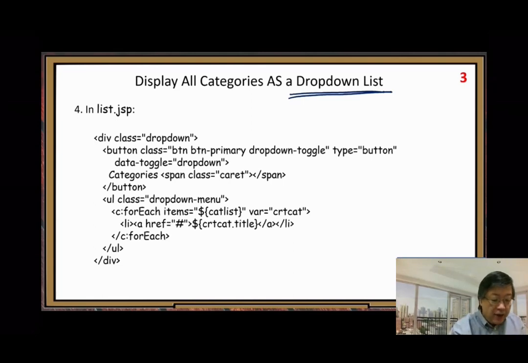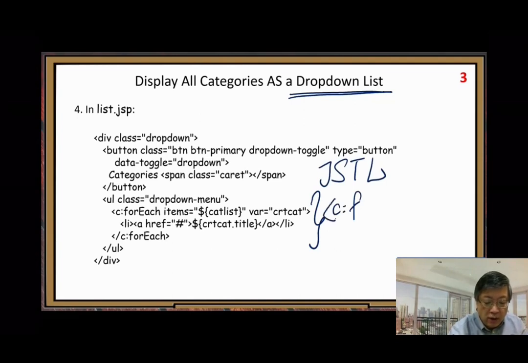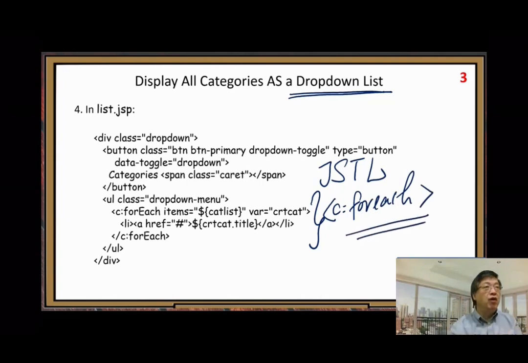And for the multiple options in the drop-down list, I use another important feature in JSTL that is called a for each loop. Because we need to run a for loop.